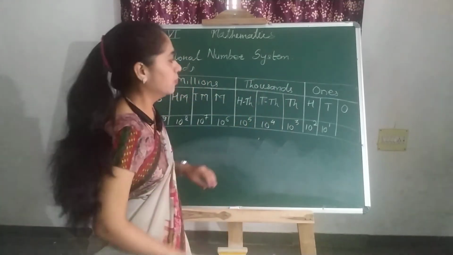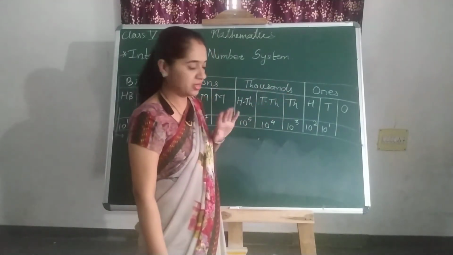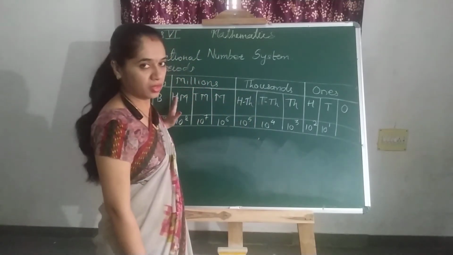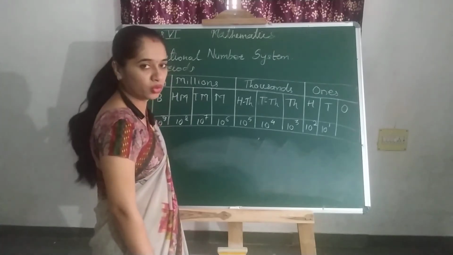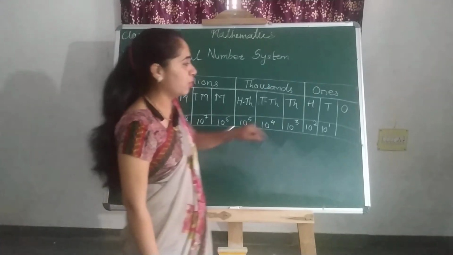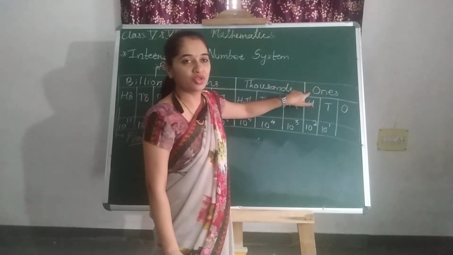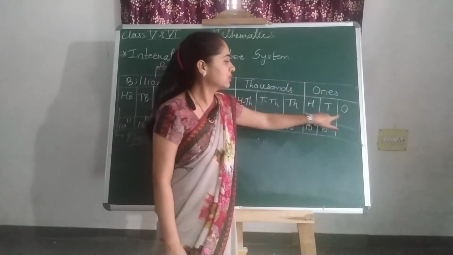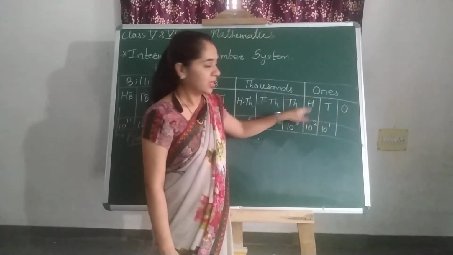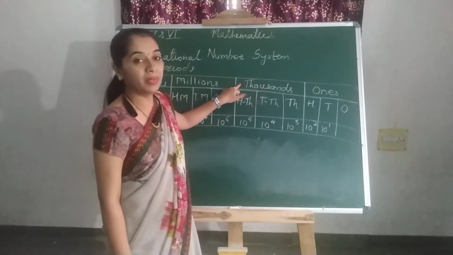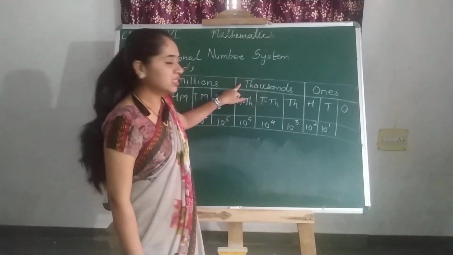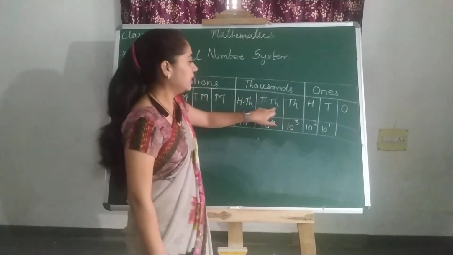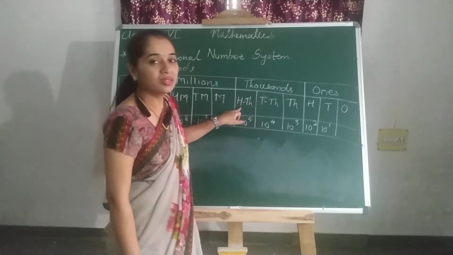Now moving towards the actual number system, for class 5th you have up to millions, and for class 6th you have up to 10 billion. Starting from the ones period of the international number system, this period has 3 places: ones, tens, hundreds. Moving onward, the thousands period also has 3 places: thousands, 10,000s and 100,000s.